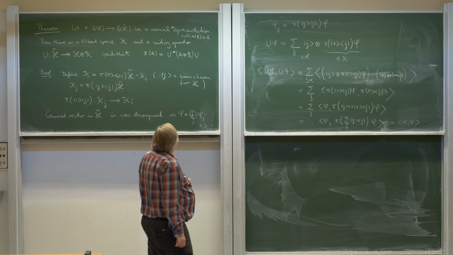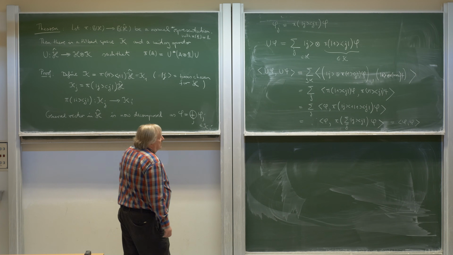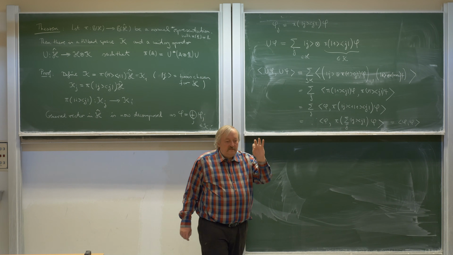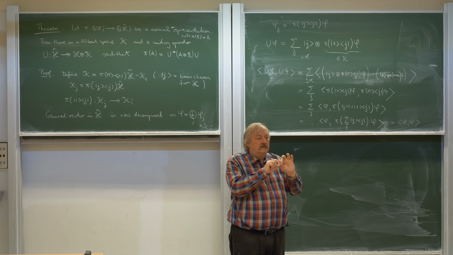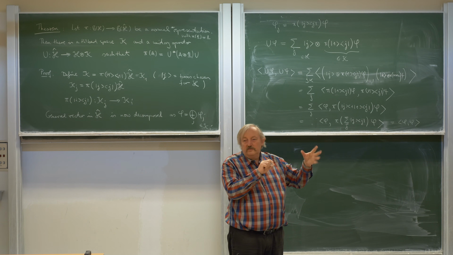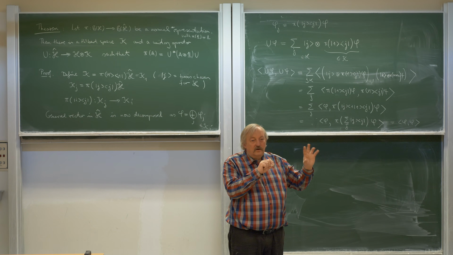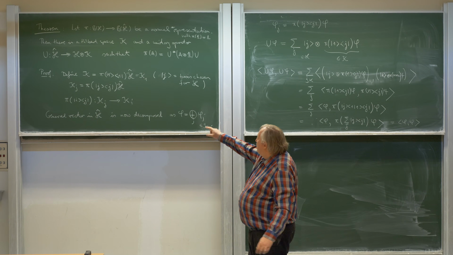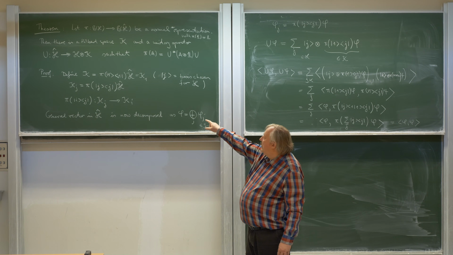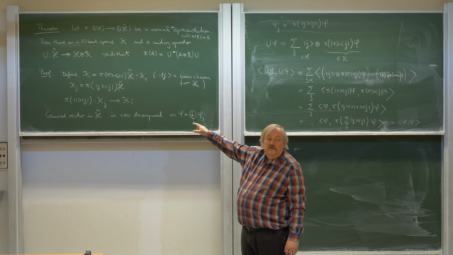Now, the range is in H tensor K. So it contains an arbitrary basis vector tensored with some element phi j. Now, which elements phi j can occur? Well, by mapping back from K, we see that anything in Kj can actually occur.